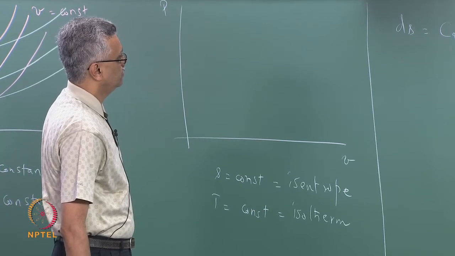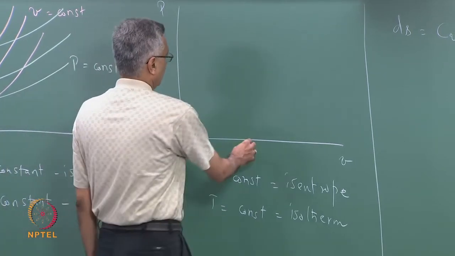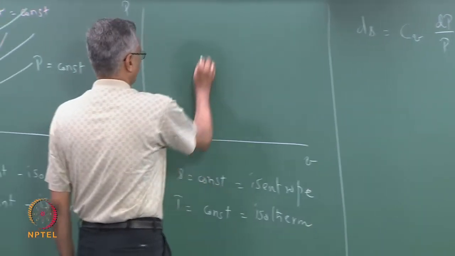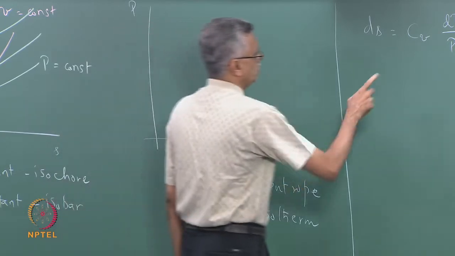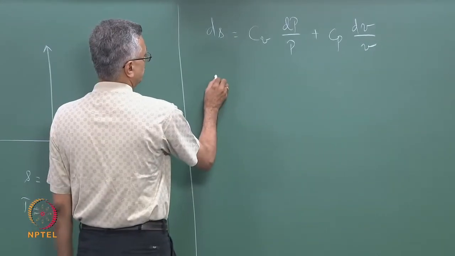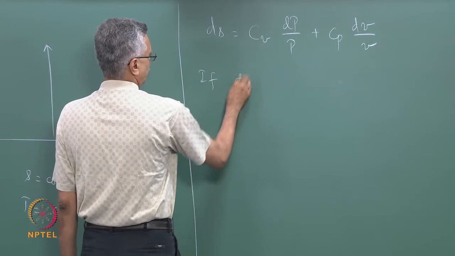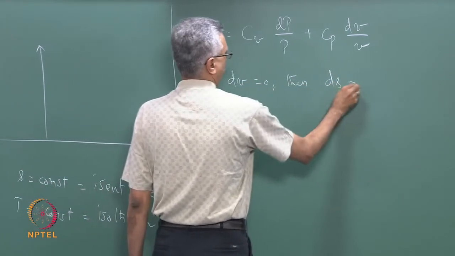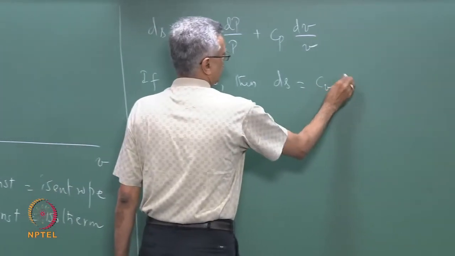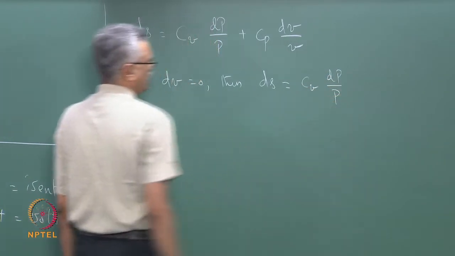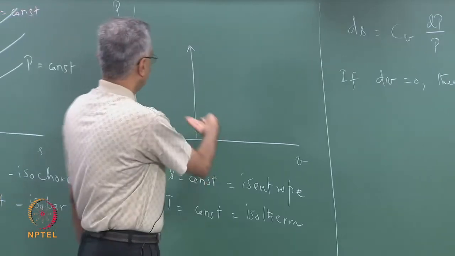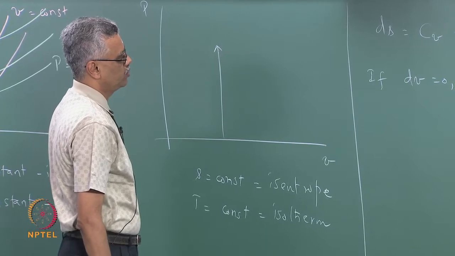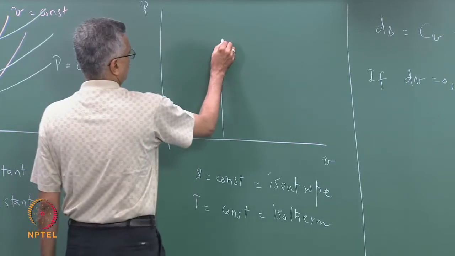If I travel along the vertical direction, then dV is equal to 0, and ds is equal to Cv times dP over P. This shows that as I travel along this line, pressure increases, and so entropy also increases along this direction.